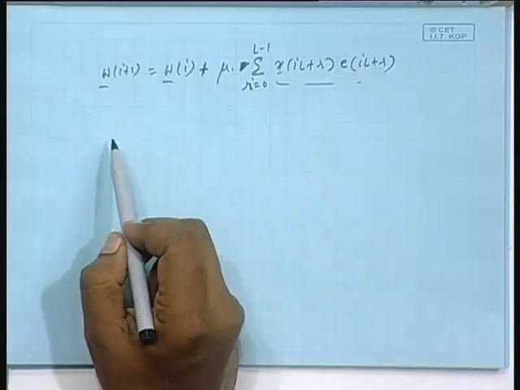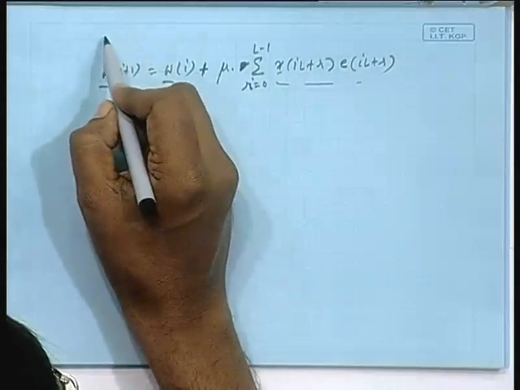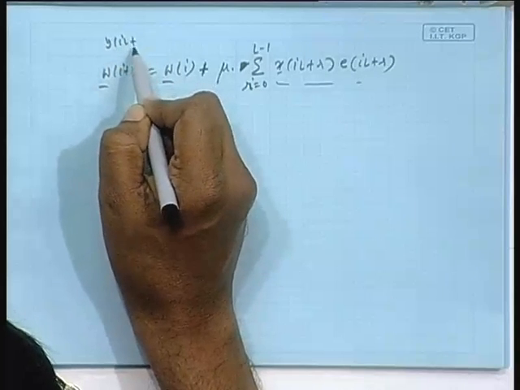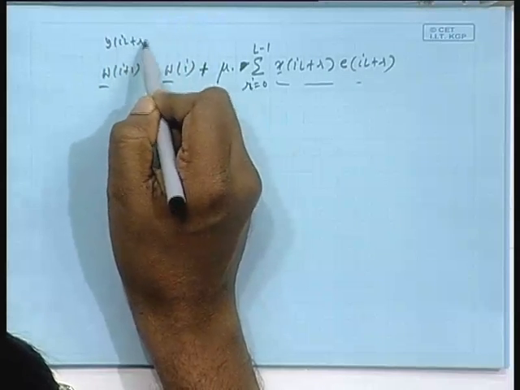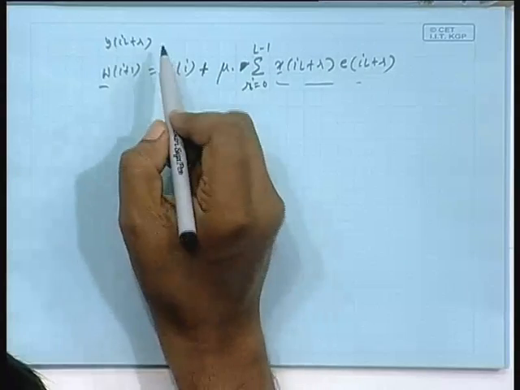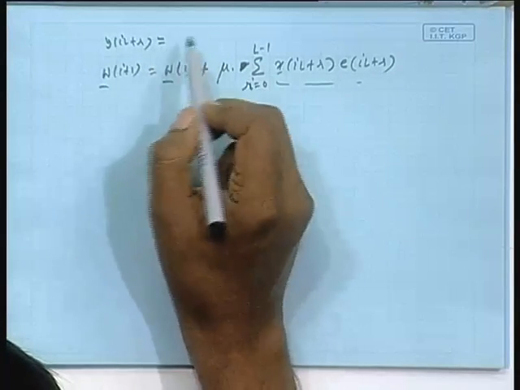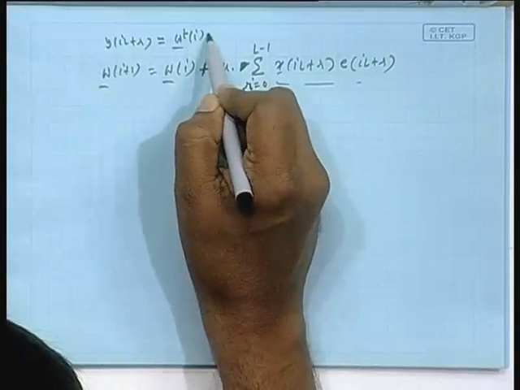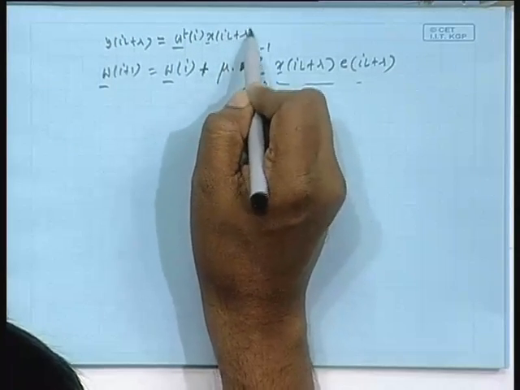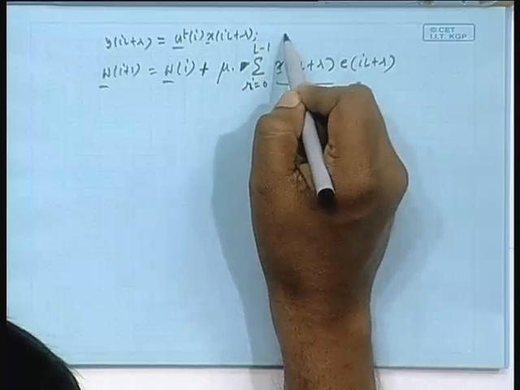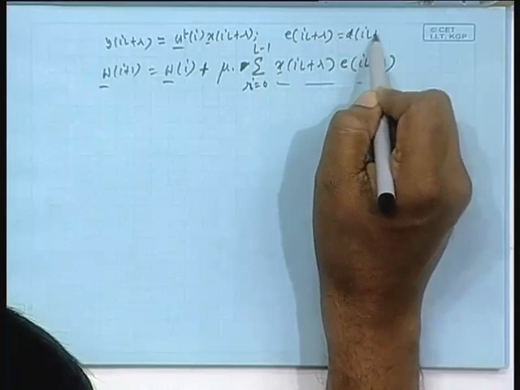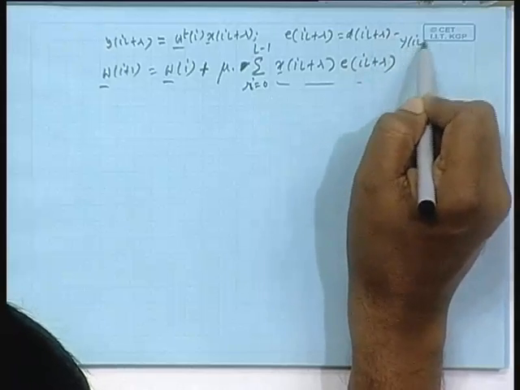Before that, remember one thing, yesterday there is a filtering part also. If I write the entire algorithm, y(iL+r) was what? W transpose(i) x(iL+r), and then you calculate e(iL+r) as d(iL+r) minus y(iL+r), this is pretty simple, isn't it?